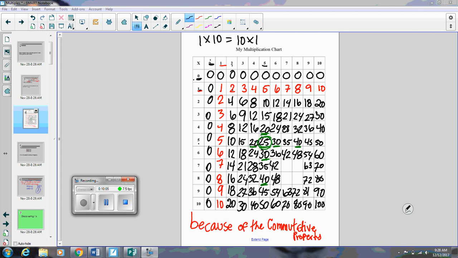What have I not done yet? Your multiplication chart looks just like my multiplication chart. Do you remember how to read a multiplication chart? Put one finger on a factor up top, one finger on a factor down bottom. Where they meet is the product. Where are our empty boxes?